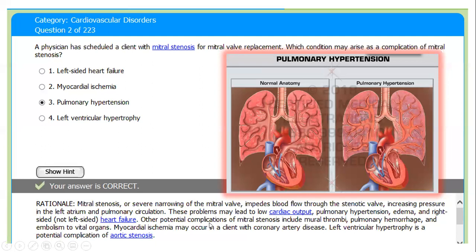Other potential complications of mitral stenosis include mural thrombi, pulmonary hemorrhage, and embolism to the vital organs. Myocardial ischemia may occur in a client with coronary artery disease. Left ventricular hypertrophy is a potential complication of aortic stenosis, not mitral stenosis.